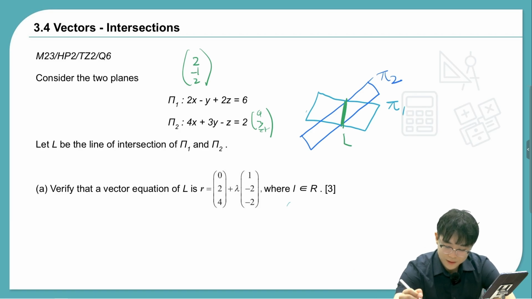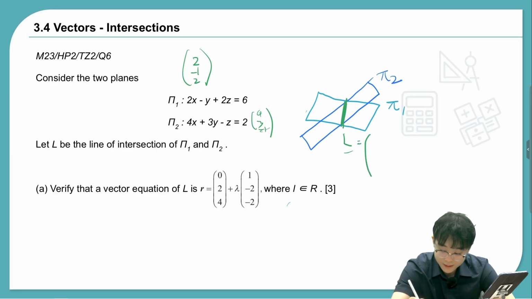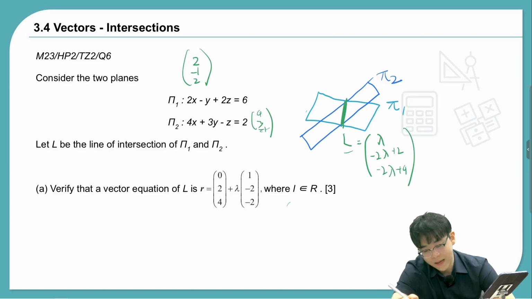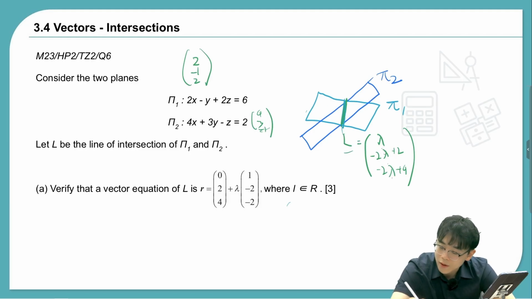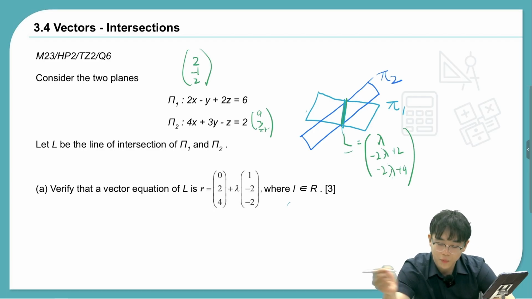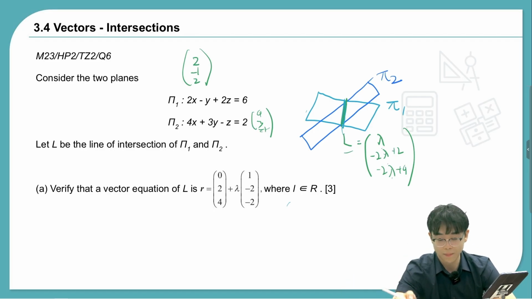So that's interesting, because that means whatever the value of L is, the xyz is given as lambda, minus 2 lambda plus 2, minus 2 lambda plus 4, right? So for a certain given value of lambda, this is what the xyz is. But for any value of lambda, so for any point on line L, it should satisfy the expression for planes pi 1 and pi 2.